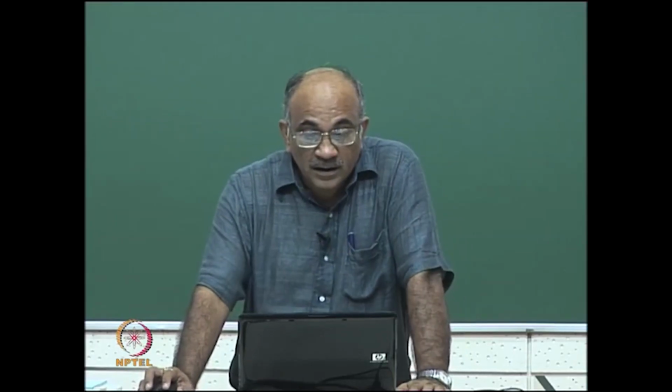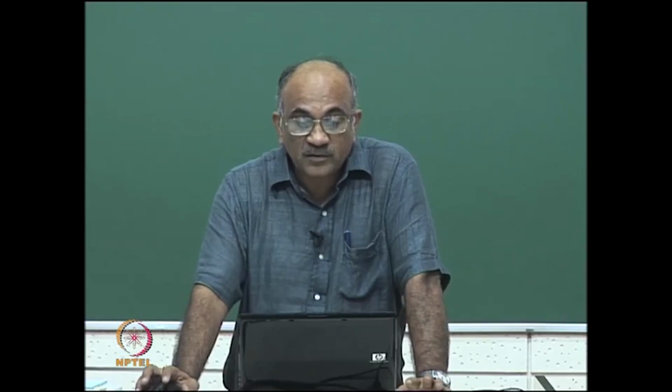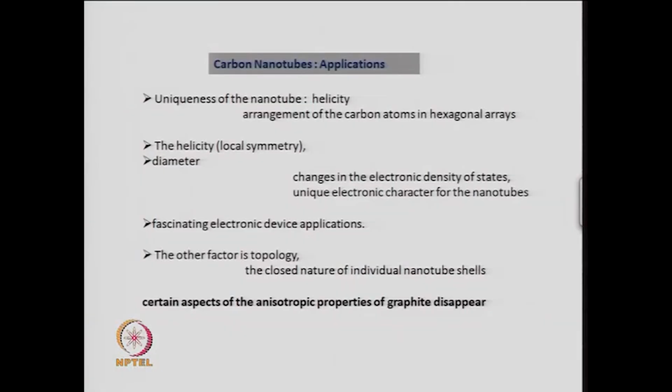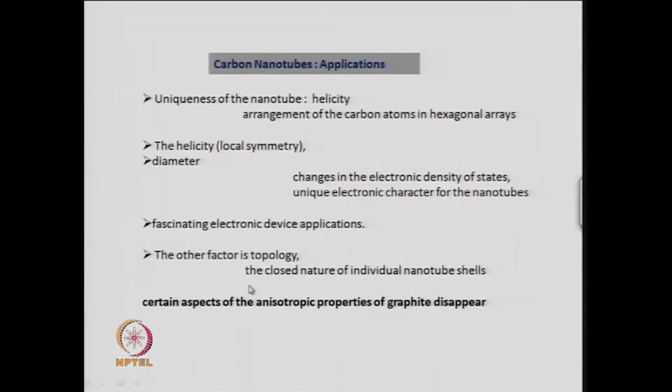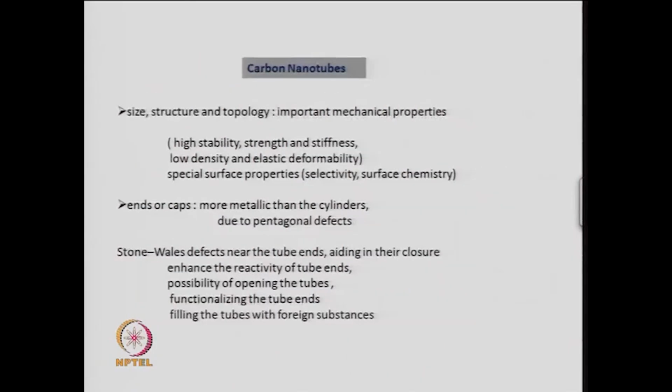So, if you want to identify 3 points which are important for carbon nanotubes' unique properties, they are the helicity, the small diameter and the topological nature of the carbon nanotubes. And hence, there are several properties of graphite which are anisotropic, and such properties are not found in carbon nanotubes.